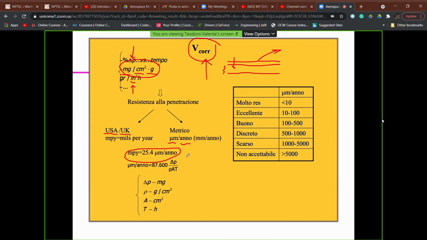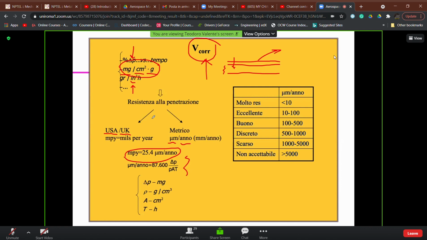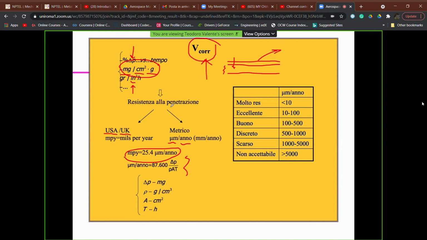And remembering that this is also true, that is, the possibility to put in relationship the weight variation with the resistance to the penetration, that is what we are discussing now as corrosion rate, by these very simple expressions in which we take care about the units of measurement that are used.